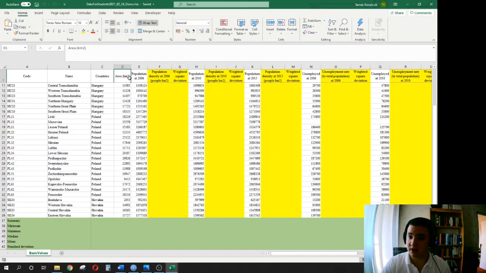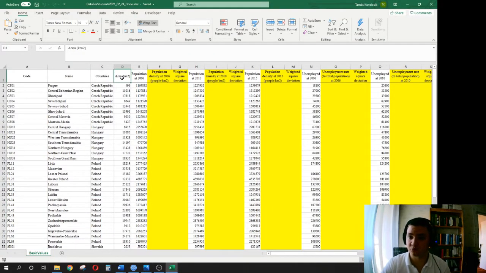Here we have some indicators which describe the whole observation area.